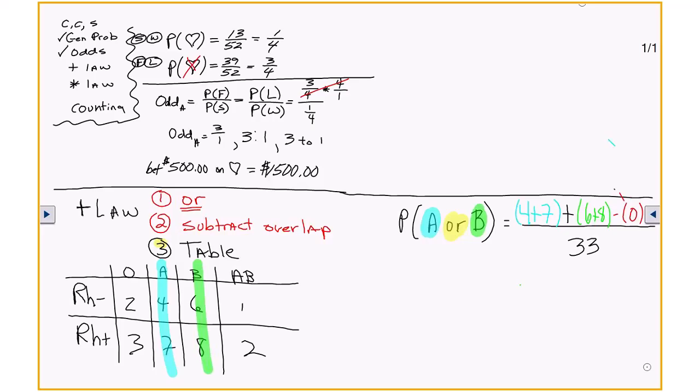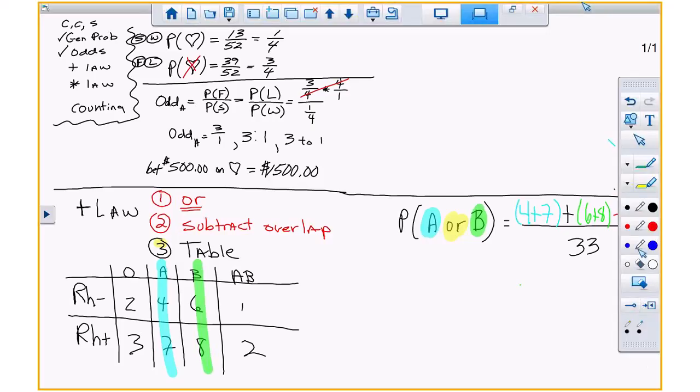If you don't have an overlap, you put in 0. A lot of people say, well, Hubert, why are you putting that overlap there? Because the overlap is very important, and you need to put it in every single problem, whether it's a 0 or a number, so that way you don't forget it. Okay?